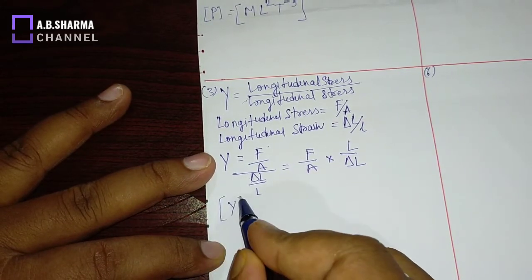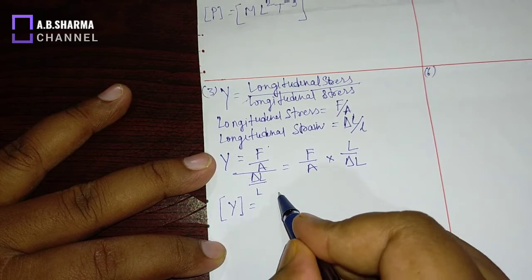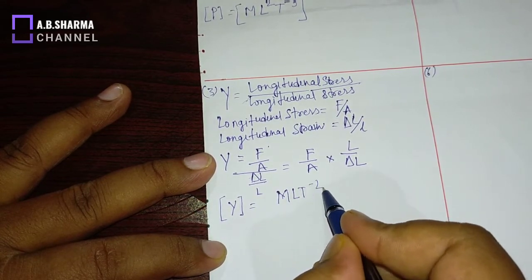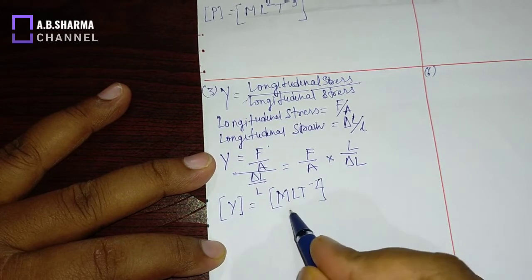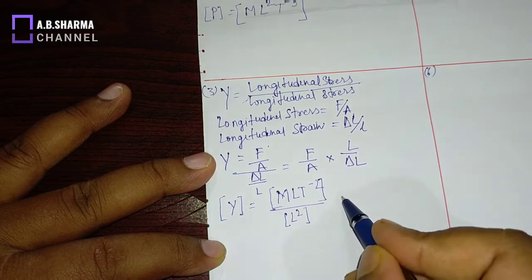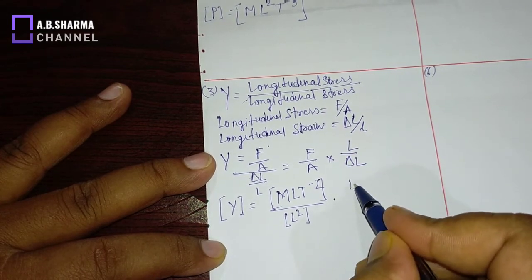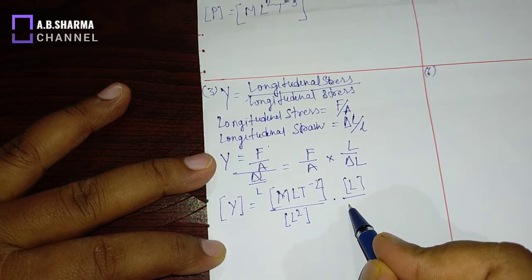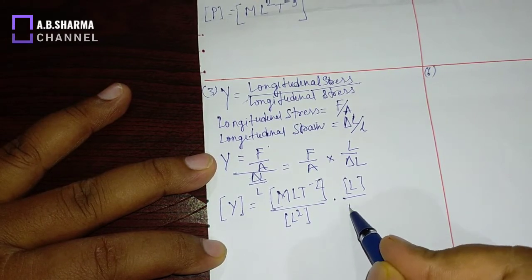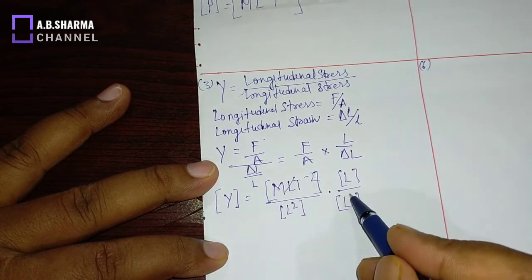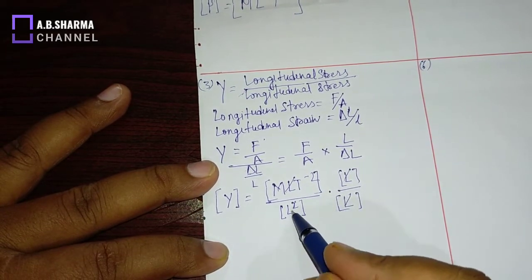Now write the dimensional equation of Young's modulus. Dimension of force is M L T minus 2, dimension of area equals L square, and L over delta L will be L. So this L will be cancelled out, and the square will be cancelled out.